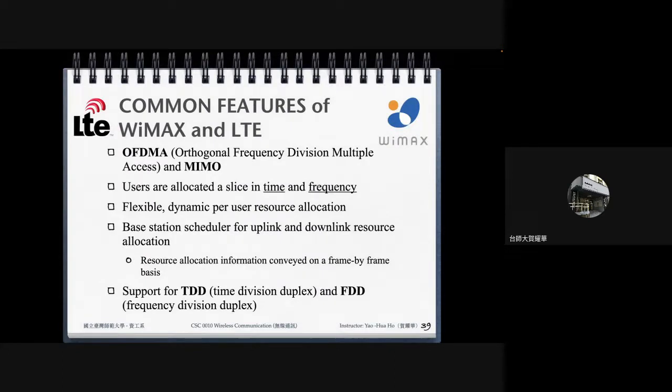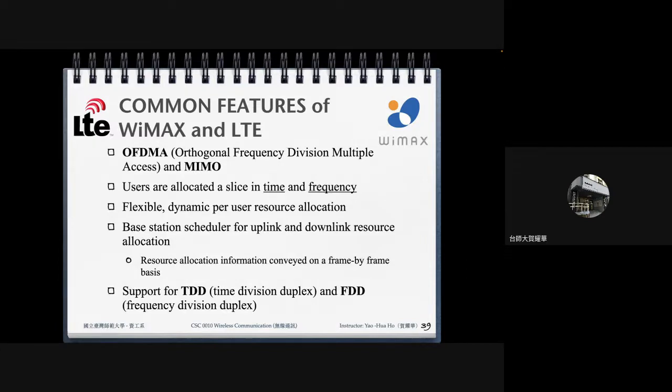Therefore, on the femtocell for LTE, the common feature for whether it's WiMAX or LTE is that they use what we call orthogonal frequency division multiple access with multiple input, multiple output antennas. Now the users can be allocated a slice of time and frequency.